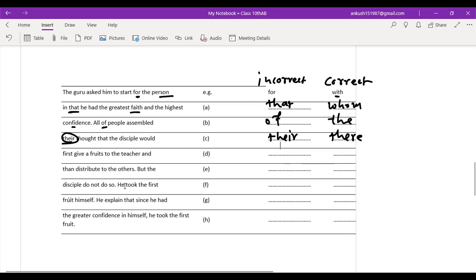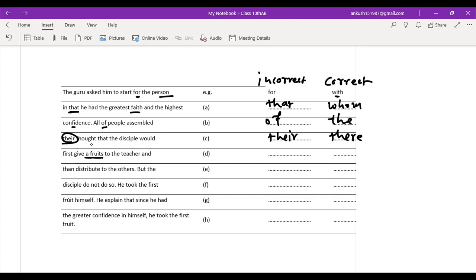Assembled were thought that the disciple would first give a fruits. Openly incorrect word. Do we use a before the plural number?